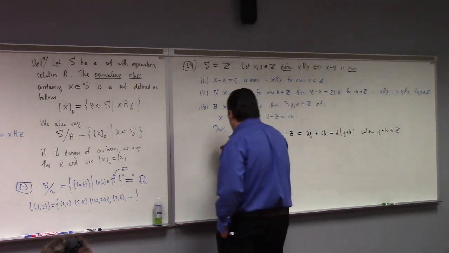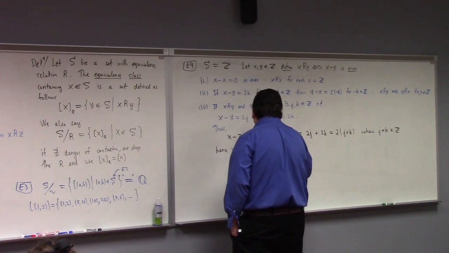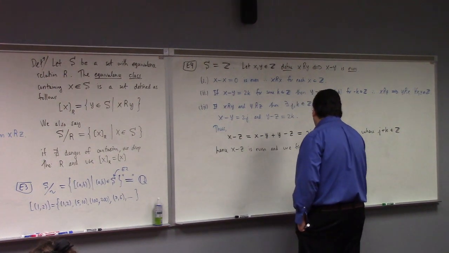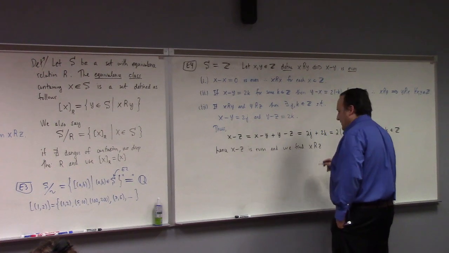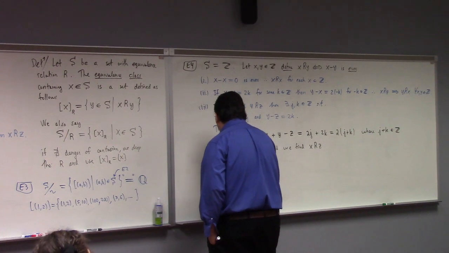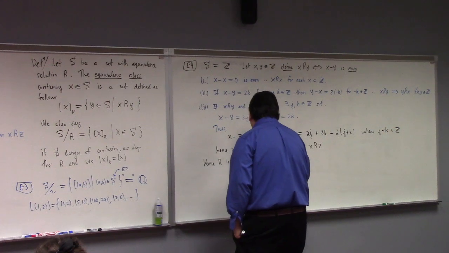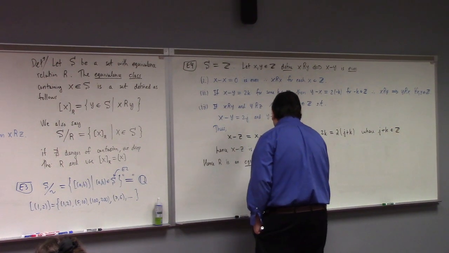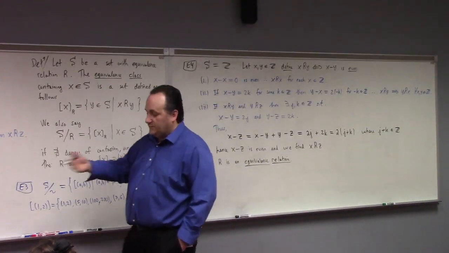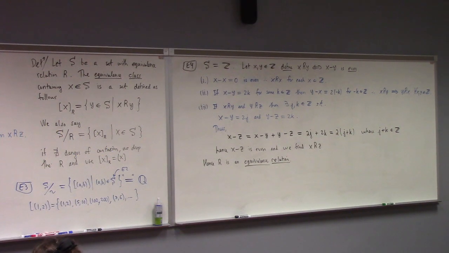So thus, hence, x minus z is even, and we find that x is related to z. So, in summary, hence, R is an equivalence relation. Why? Because we have shown it is reflexive, symmetric, and transitive. This is what we must show to prove something's an equivalence relation. All right?